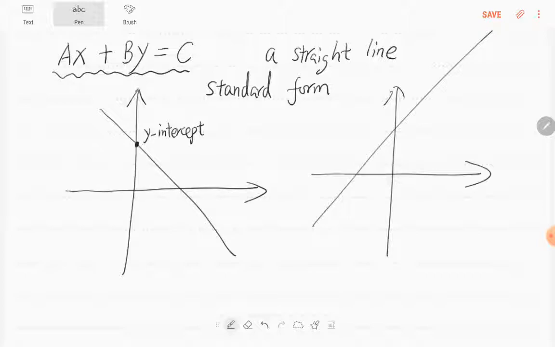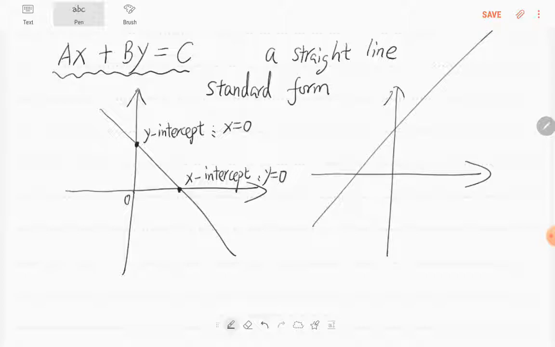If this line intersects the x-axis at this point, it is called the x-intercept. For the y-intercept, the x-coordinate of this point is always 0, so x equals 0. And for the x-intercept, the y-coordinate of this point is also 0.